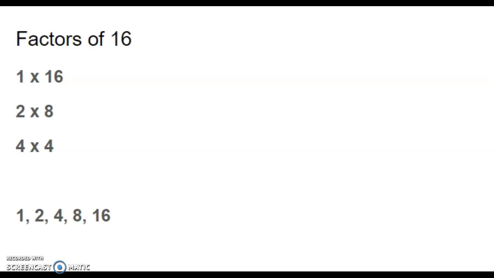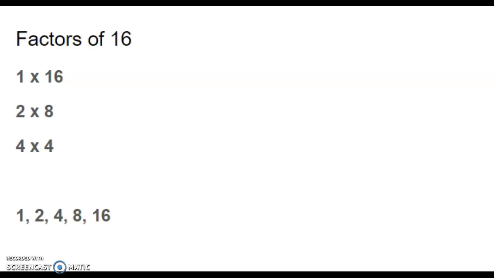So this is today's question. Are all of the factors of a number also factors of a multiple of that number? So let's think about these two numbers. We know that 48 is a multiple of 16.